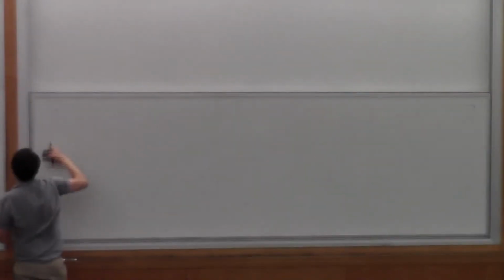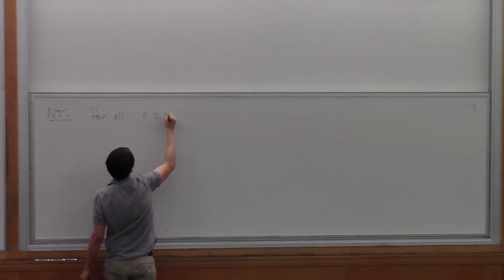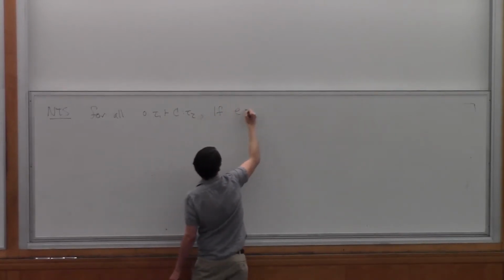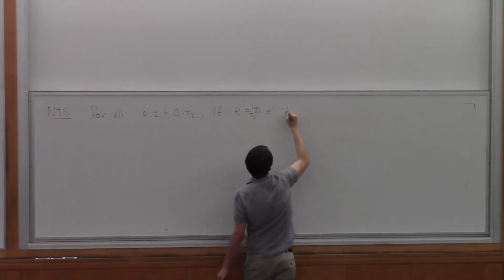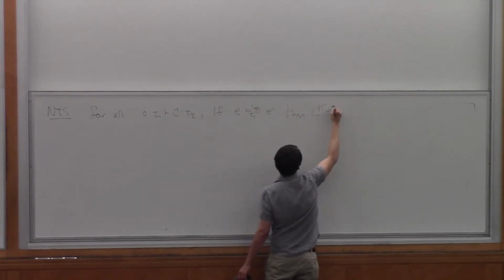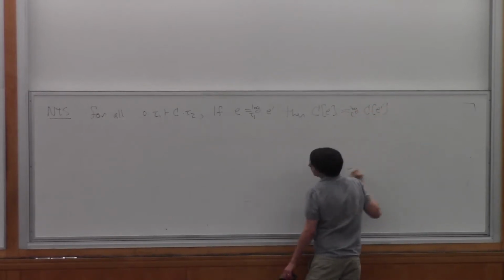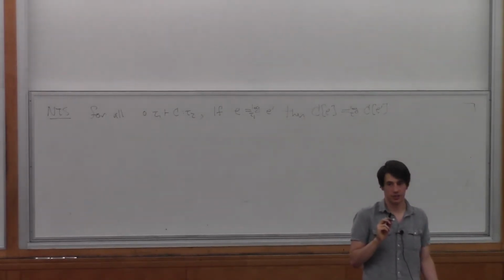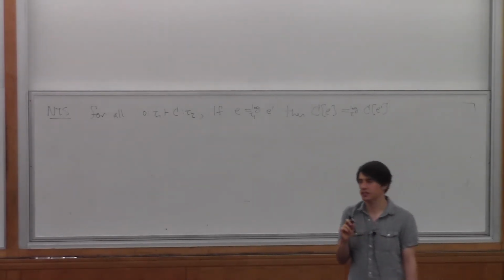What we need to show is that for all programs with one free variable C, if E is logically equivalent to E prime, then C filled with E is logically equivalent to C filled with E prime. Right? Because that was our definition of congruence. OK? How might you think to prove this?